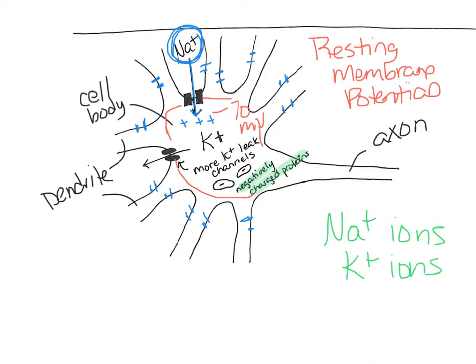And that's kind of counterproductive to what we said, right? We said we want the inside of the membrane to be negatively charged. And now we have sodium ions that are leaking in and bringing in positive charges. Right? But we have these other leak channels, and these other leak channels are potassium leak channels.